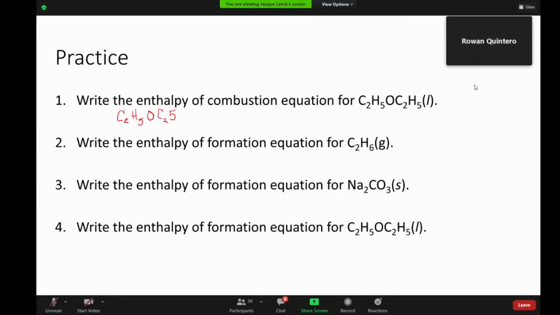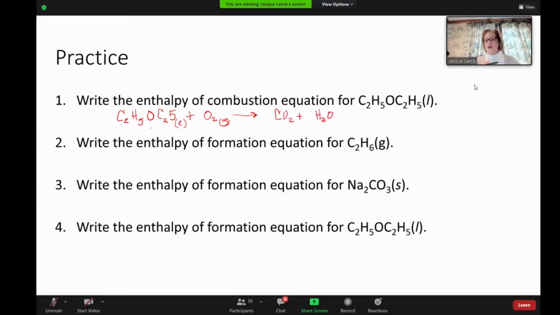So enthalpy of combustion would be plus O2. This is liquid. States matter. That's gas. And it's going to form CO2 plus H2O. And then this has to be a 1 because it's the enthalpy of combustion, so it's per mole.